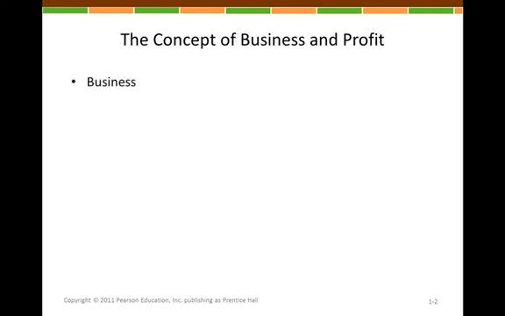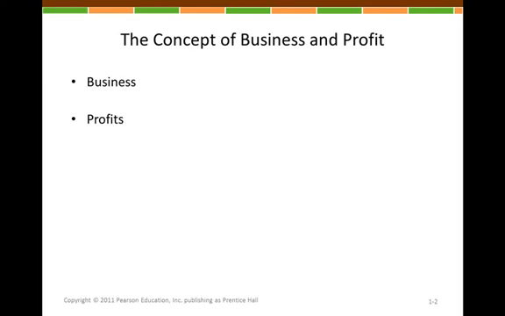The first is this concept of an actual business here. A business is an organization that provides goods and or services that it sells to earn profits. Profits are a key differentiator between obviously a business and maybe a nonprofit organization. A profit is a difference between a revenue and an expense.